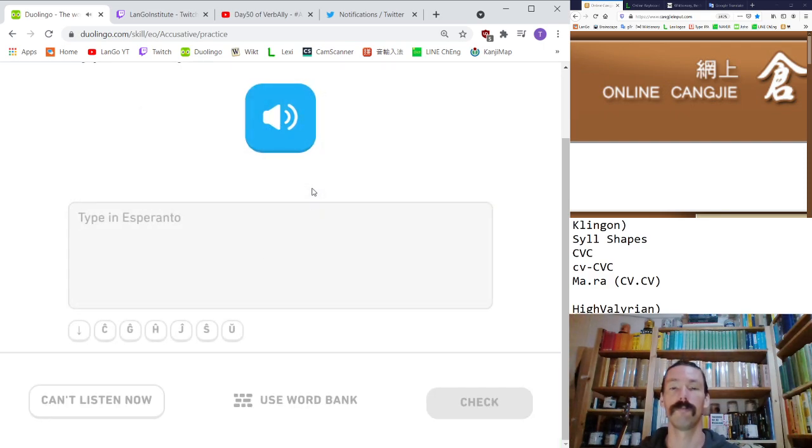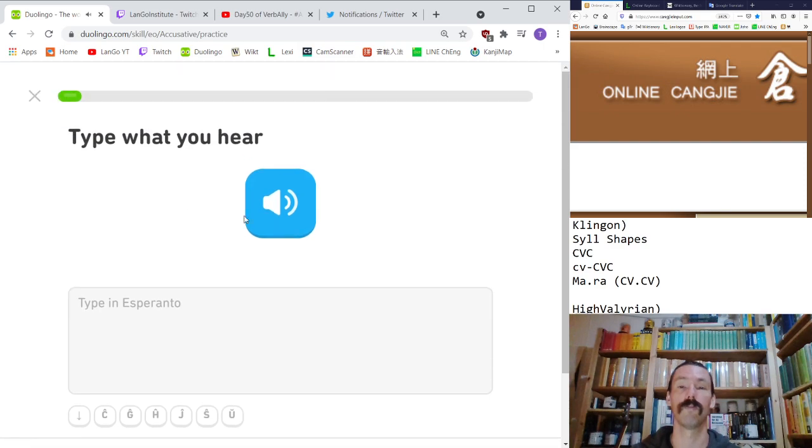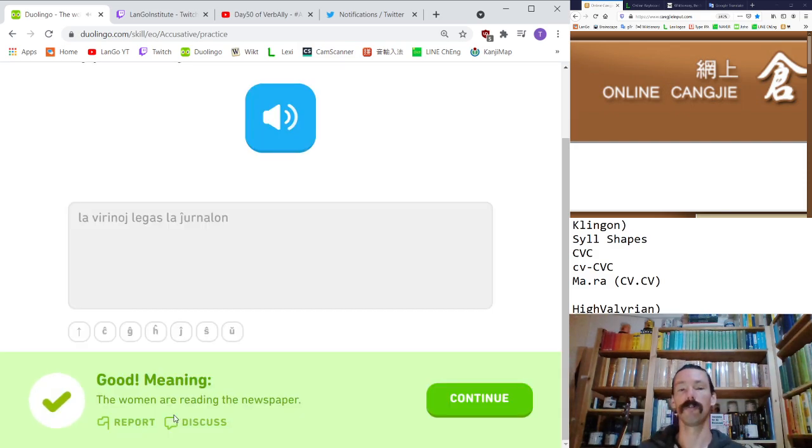La virinoj legas la ĵurnalon. La virinoj legas la ĵurnalon. Virinoj, the j is plural, so plural noun. Legas. And then ĵurnal, I think, is going to be with this J. Nalon, N for the object form, accusative.